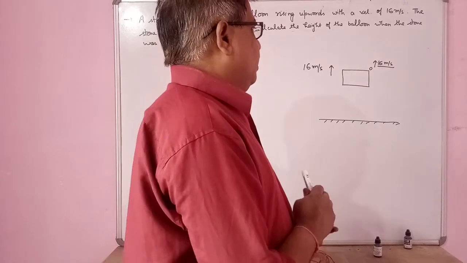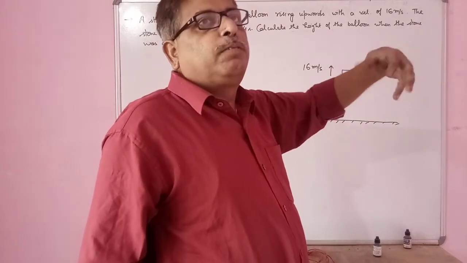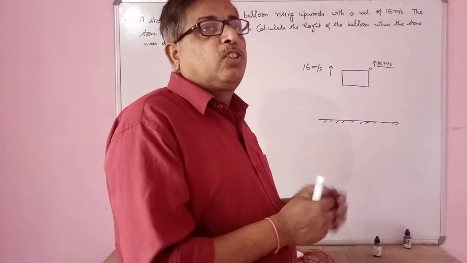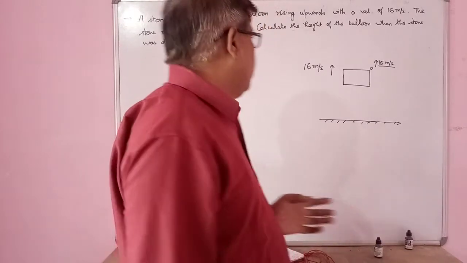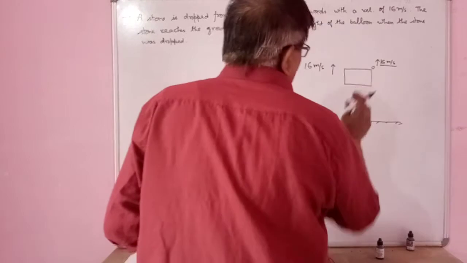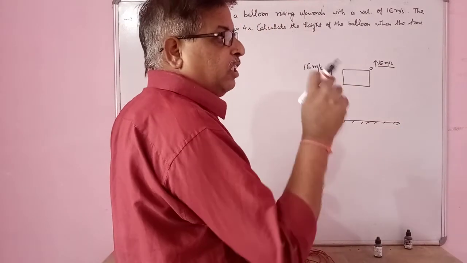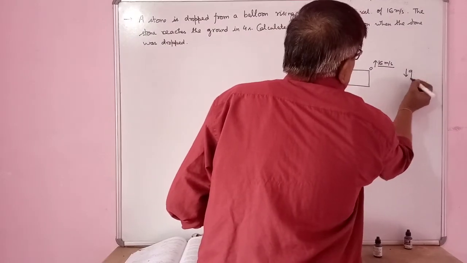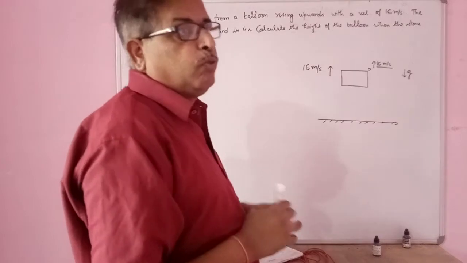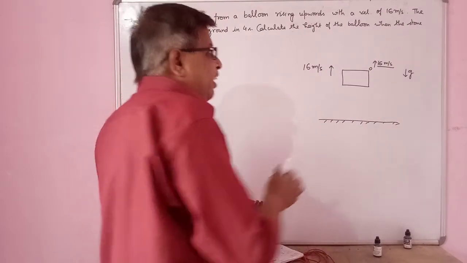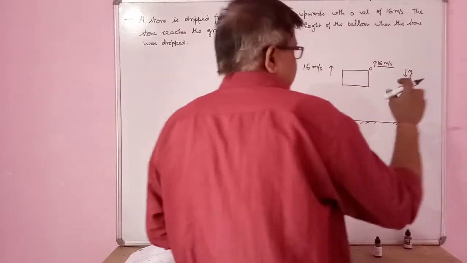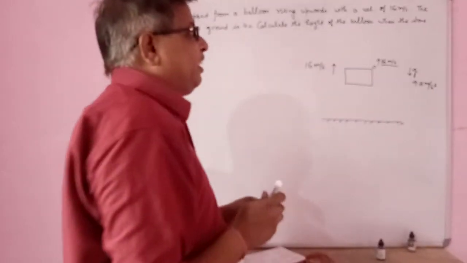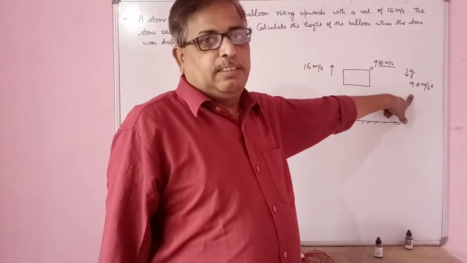And since after releasing, this stone is under the influence of the earth's gravitational field, this stone will be under gravity, and the gravitational acceleration is 9.8 meter per second square, which is in downward direction.